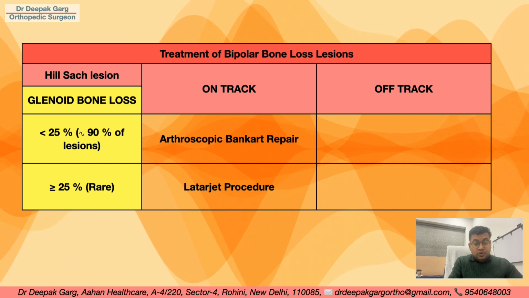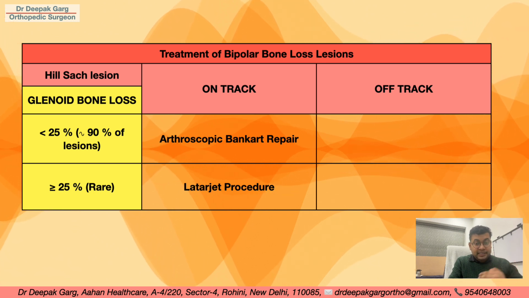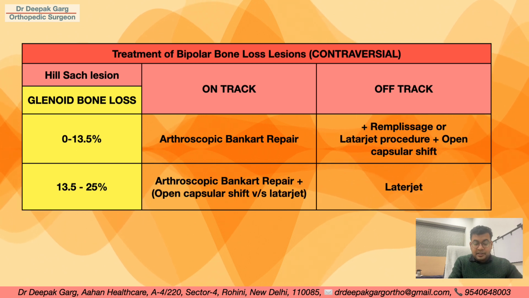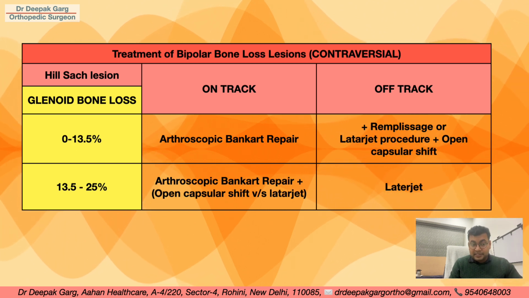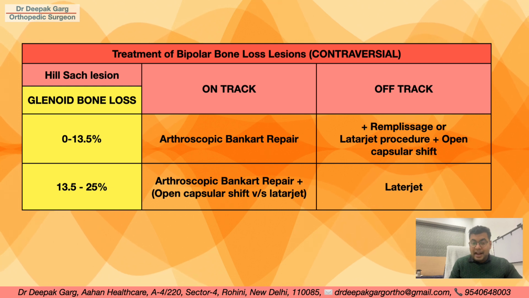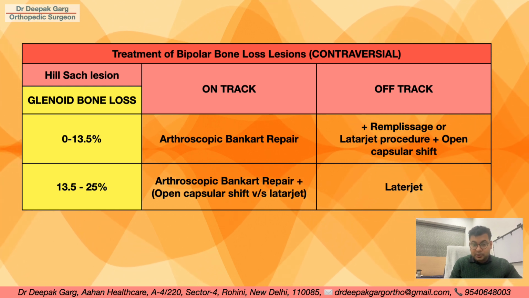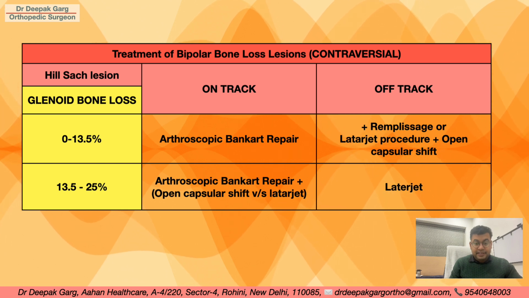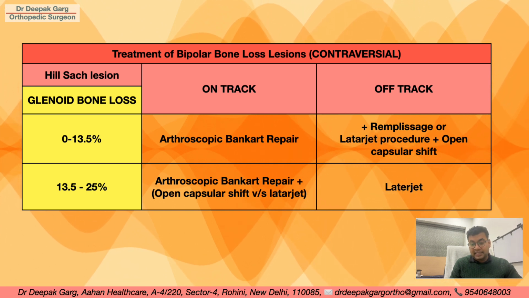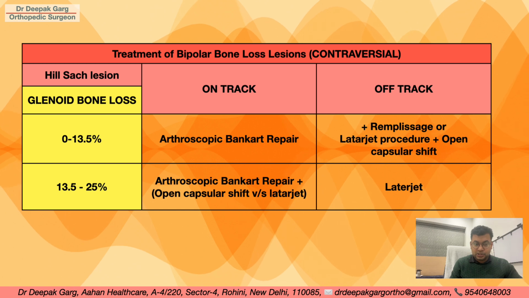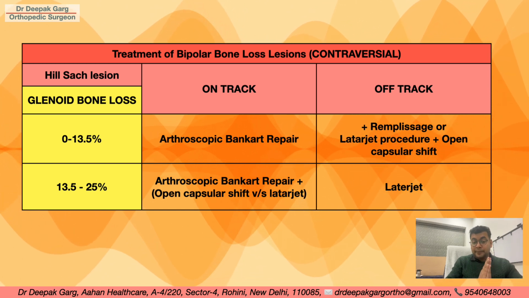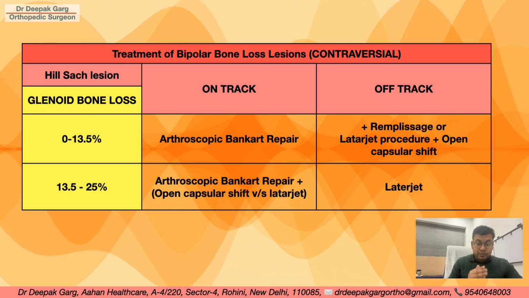But if the lesion is off track, that means the lesion is on the medial side of the humeral head, then even if it is 0 to 13.5% of bone loss, we will have to go for the Remplissage procedure or Latarjet procedure or open capsular shift. If it is 13.5 to 25%, then definitely we have to go for the Latarjet procedure. So that means there is a bipolar lesion, both a glenoid lesion and a humeral lesion.